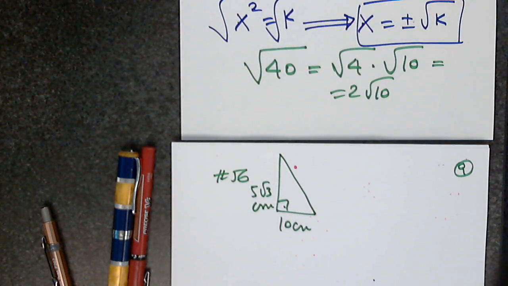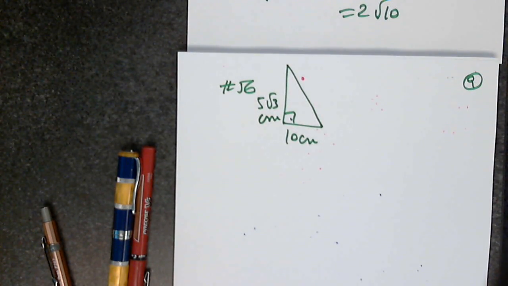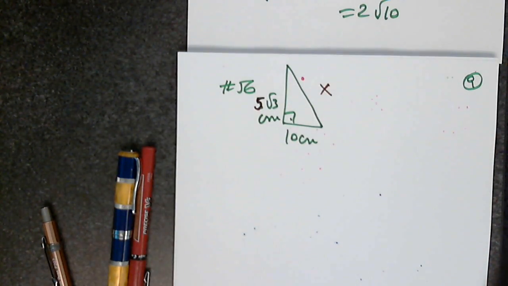Please find the hypotenuse. You said 5 square root of 3. What's the one on the bottom? 10 centimeters. Okay. Good.